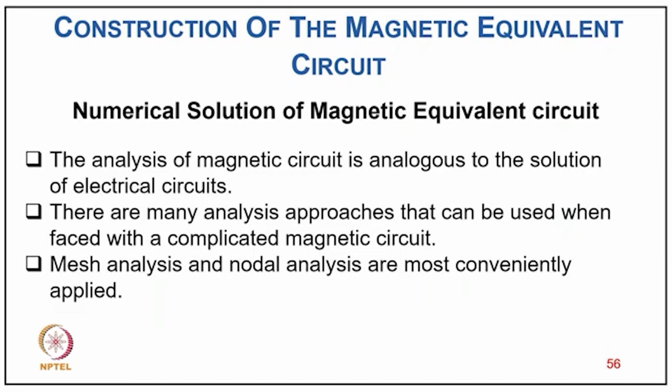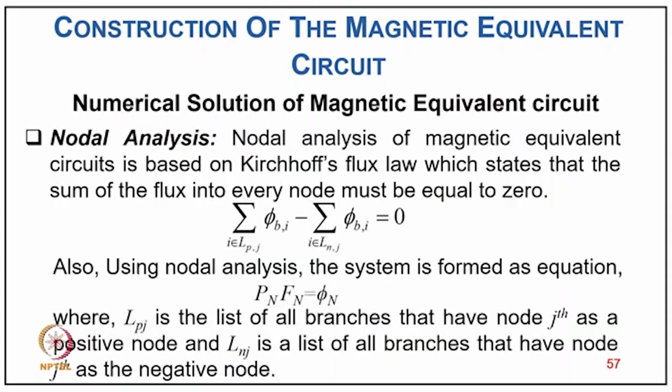Now coming to the numerical solution for the magnetic equivalent circuit. The analysis of a magnetic circuit is analogous to the solution of an electrical circuit, and there are many analysis approaches that can be used when faced with a complicated magnetic circuit; mesh analysis and nodal analysis are most conveniently applied. Nodal analysis of the magnetic circuit equivalent is based on Kirchhoff's flux law, which states that the sum of the flux at every node must be equal to 0.